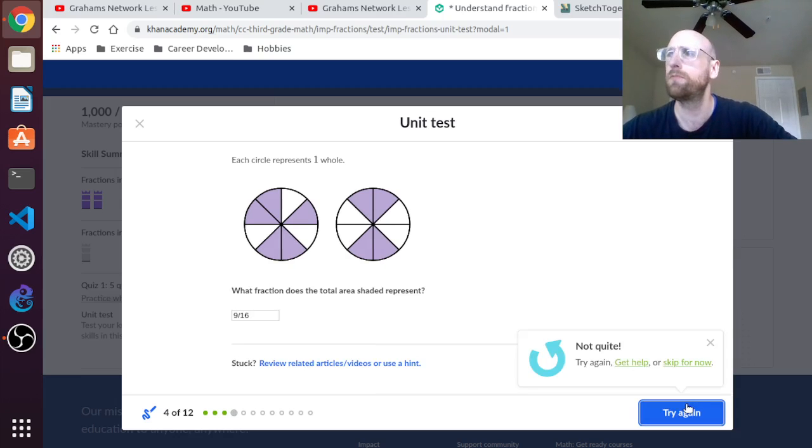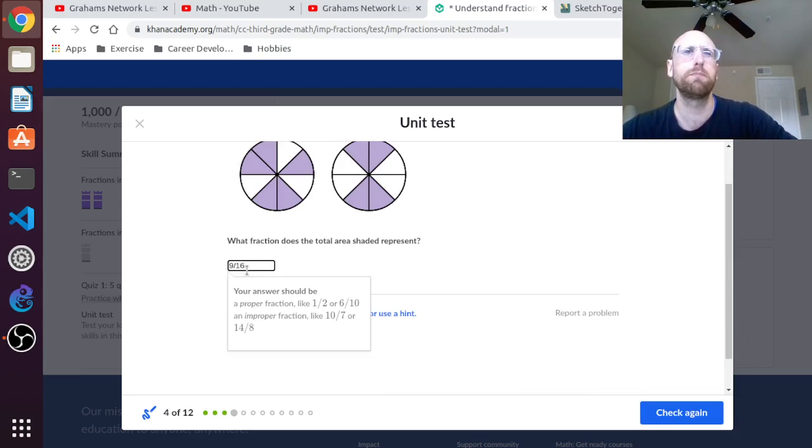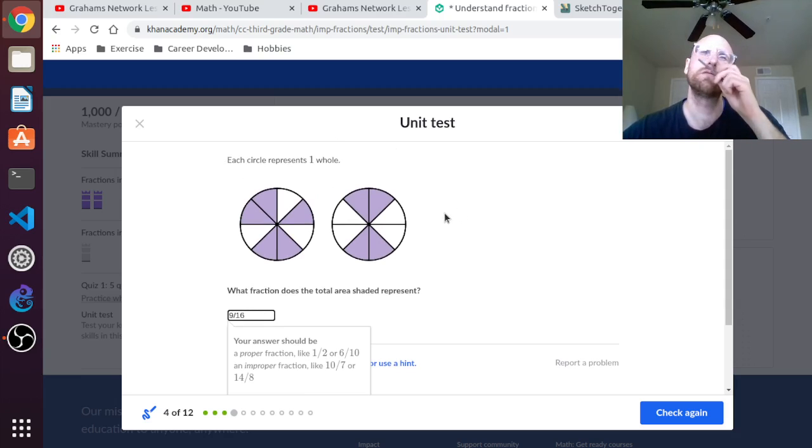There we go. Whoops. So got a problem here. Now I do have a proper fraction here. I think the problem might have been each circle represents 1 whole.